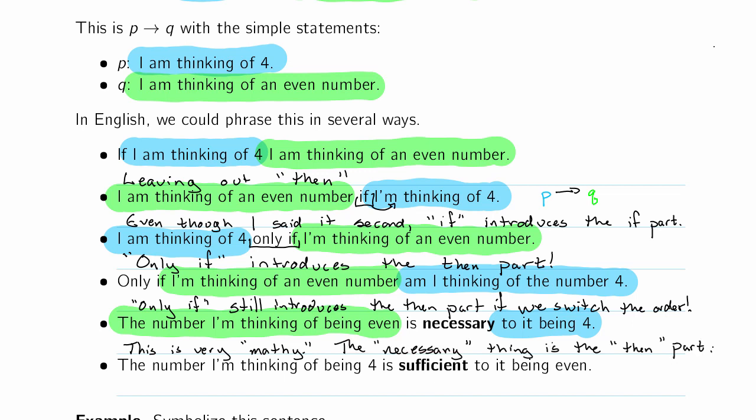On the other hand, also very mathy, we can talk about something being sufficient. The number I'm thinking of being 4 is sufficient to it being even. So that means knowing that the number is 4 is enough to tell you that it's even. Again, this is very mathy, but what this says is once you know the number is 4, you automatically know that the number is even. Whatever is sufficient is the if part.